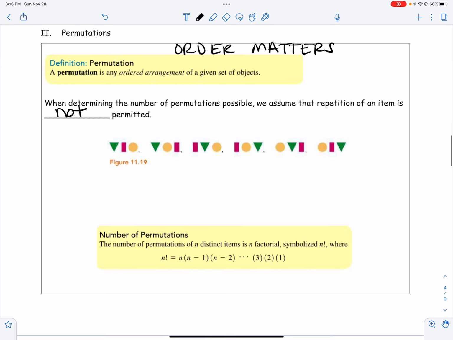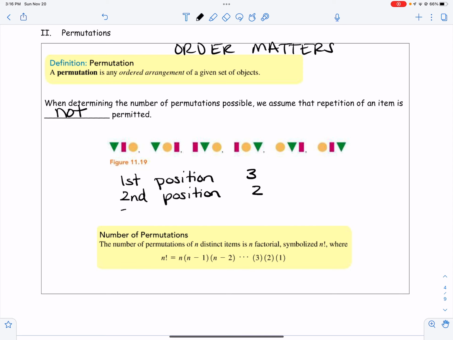Okay, so I've done this little example right here. And we've got 3 shapes, a triangle, a rectangle, and a circle. And basically what happens is that for the first position, we have 3 choices. And then for the second position, well, we've already used one of them up, so then we have 2 choices.